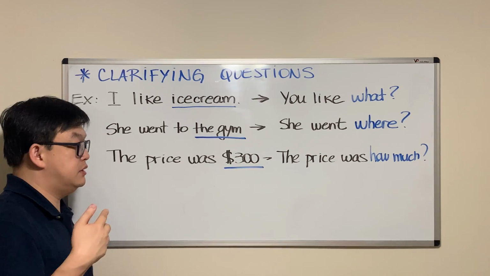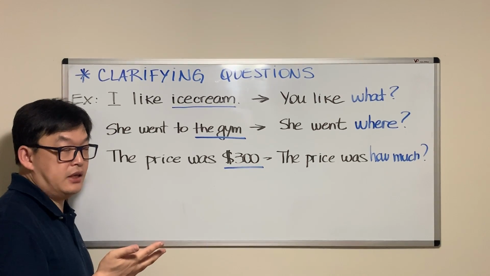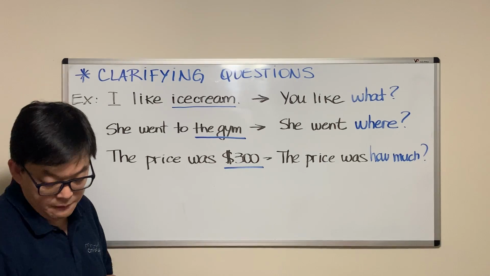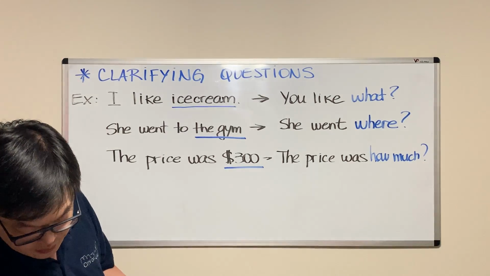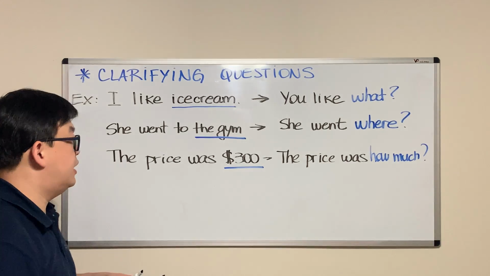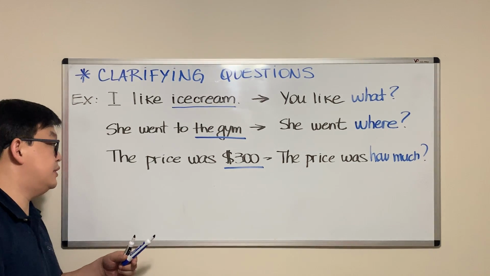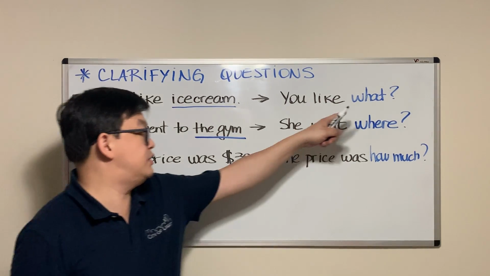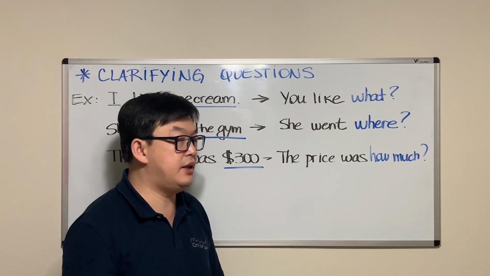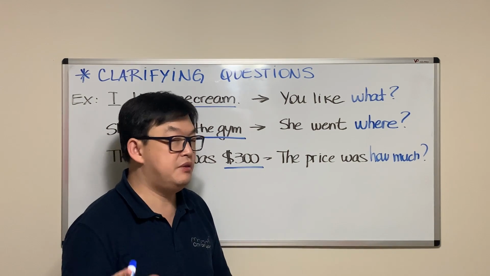It's not as difficult as many people think. And the last one: the same way we are using what, where, how much, we can use how many, when, who, depending on the situation.